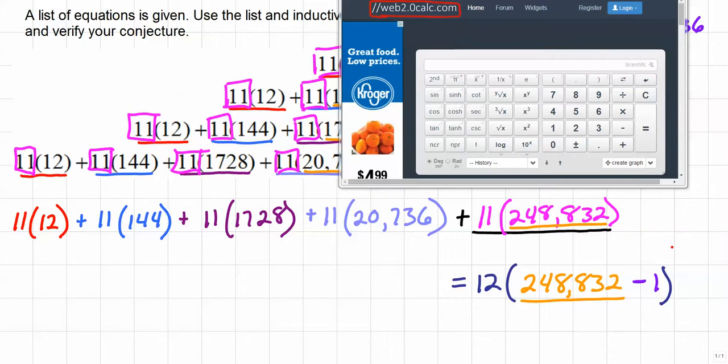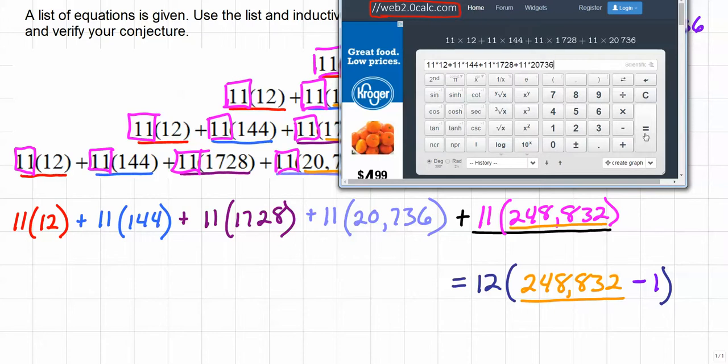So let's go ahead and type in everything that we see here. First we'll start with 11, and we'll press the multiplication key, or we can use the asterisk key on our keyboard. We're multiplying by 12. We're adding to that 11 times 144, adding to that 11 times 1728, adding to that 11 times 20,736, adding to that 11 times 248,832.